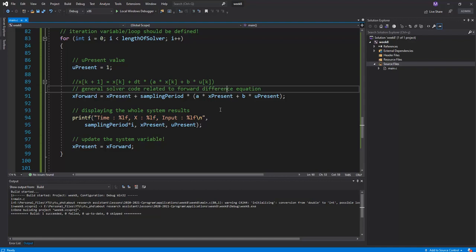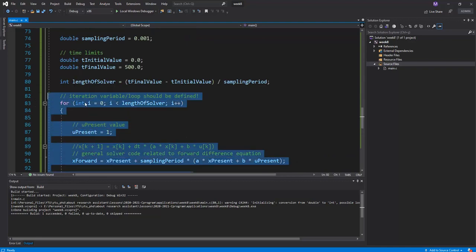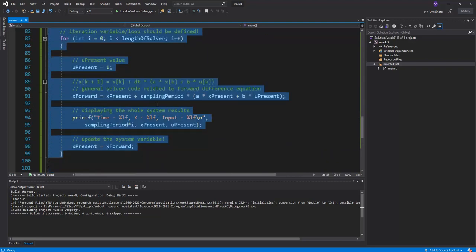Because simulation programs depend on time, we need to iterate all the things like the physical one. And so this code gives us a way to create this simulation program.